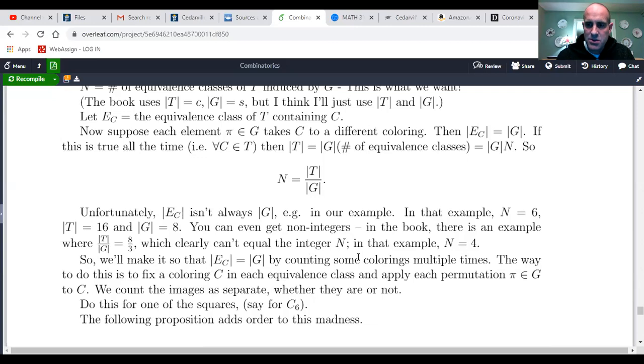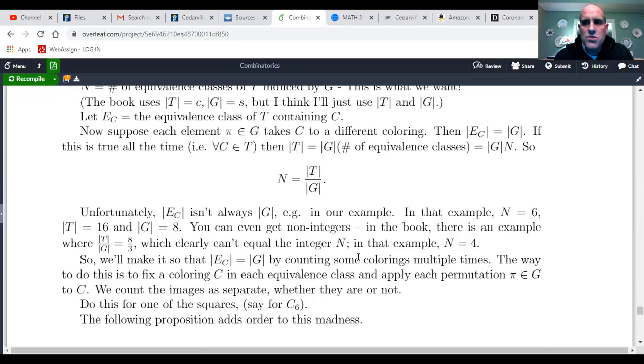The problem is, and we'll look at this in more detail, for instance, the all white square. Everything fixes the all white square. The all black square, everything fixes that. That's why you have an equivalence class of size 1 in that case. All 8 permutations in our group of symmetries fix the all white, and all 8 fix the all black one.